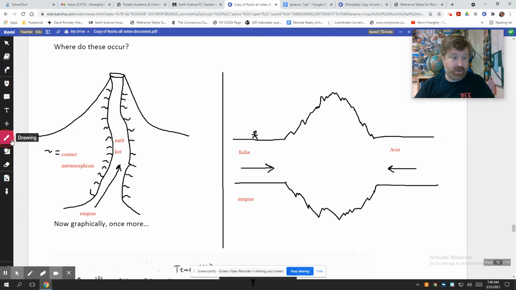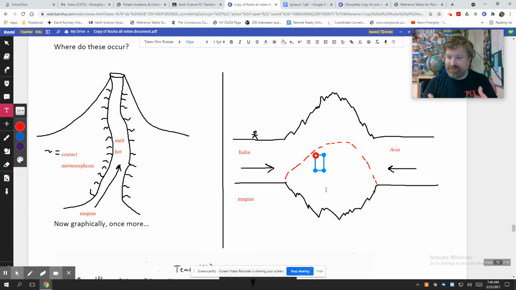This is a very rough estimate, let's say maybe even a little higher than that. But this whole area down here, which is a substantial amount of earth, a substantial amount of rock, will be undergoing regional metamorphism.